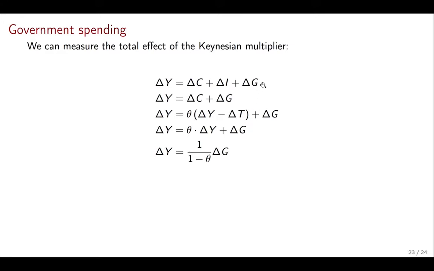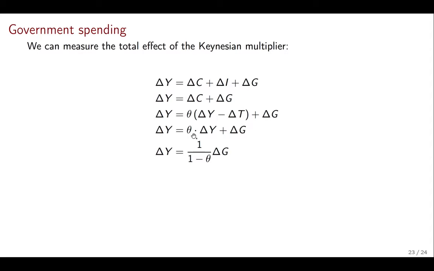Again, the first line, just as before, is just the changes: change in output, change in consumption, change in investment, change in government spending. Change in investment is zero because interest rates are not changing in this example. Then the change in consumption is going to be theta times the change in disposable income. But as we said, there is no change in taxes.